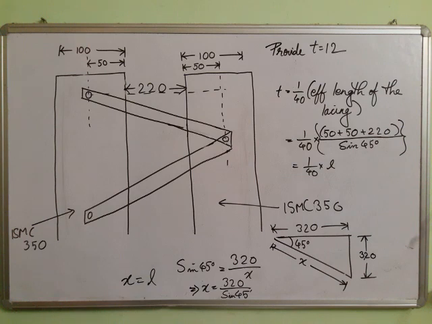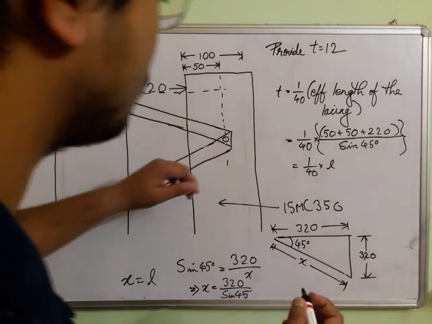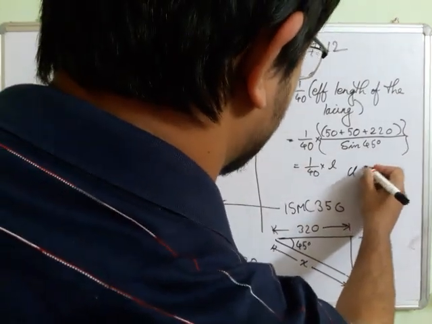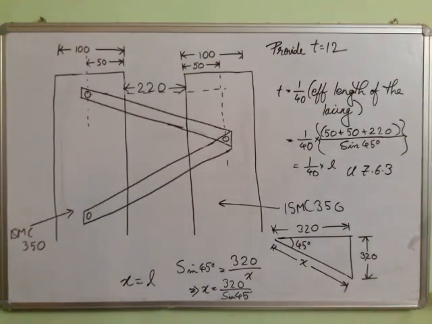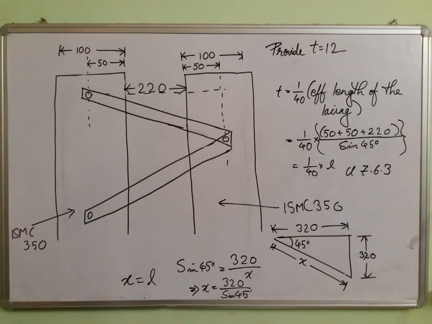Okay, thickness of lacing bars 7.6.3. All right, so now we have got the thickness.